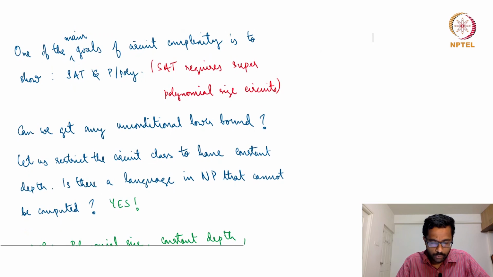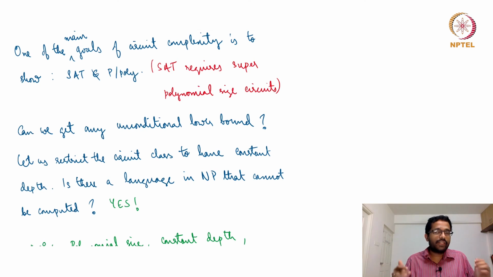So what we will see today is a rare circuit lower bound, right? Especially lower bounds are very hard. So we will show a lower bound, meaning some language cannot be computed in a certain complexity class or in a certain algorithmic class, right?